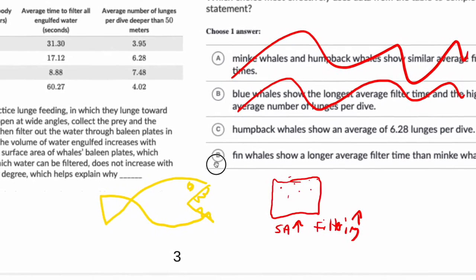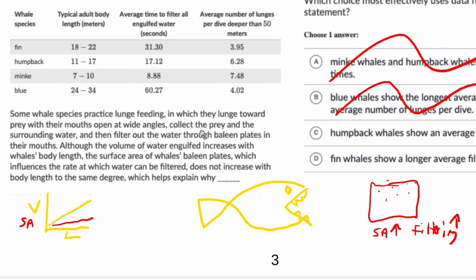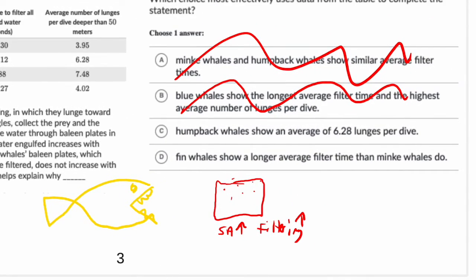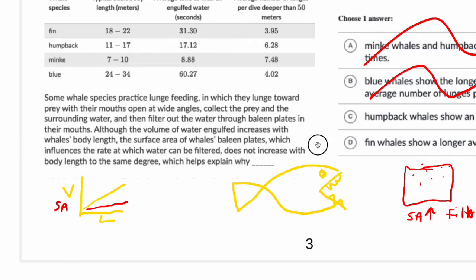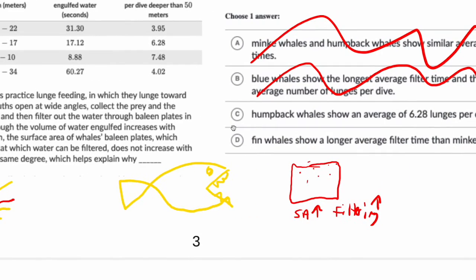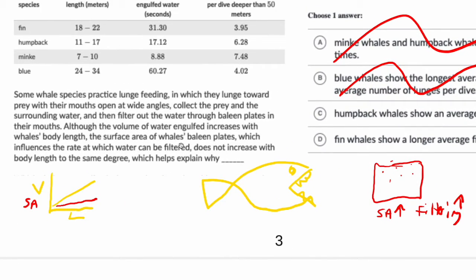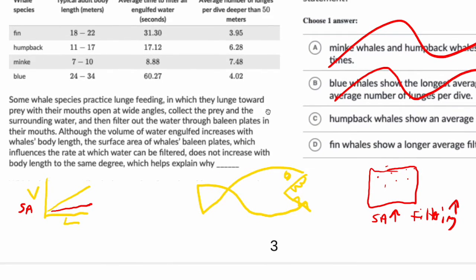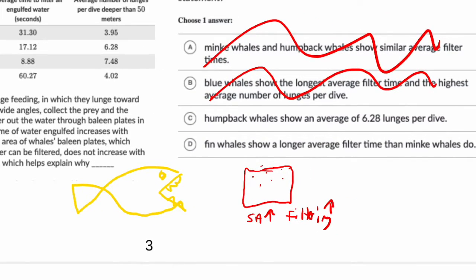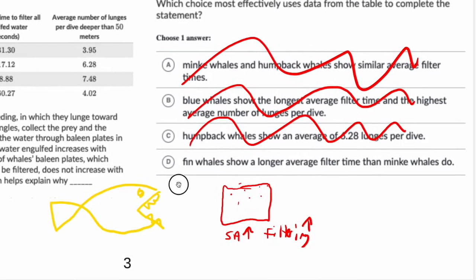C, humpback whales show an average of 6.28 lunges per dive. That is true, but how could that support the statement? That's a very narrow point, and we're talking about differences in length and differences in filter time, so there has to be some kind of comparison. Even though C is accurate, it doesn't seem like something that could complete the statement.